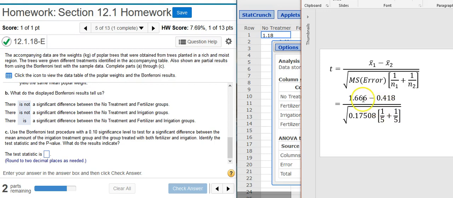Notice how I'm putting in that second grouping first, and the reason being is because they're actually looking for a positive number here. They don't actually state it, but they're looking for the positive number here. Reason being that Bonferroni test, remember, is a two-tailed type of test. And so there's a positive test statistic and a negative test statistic.